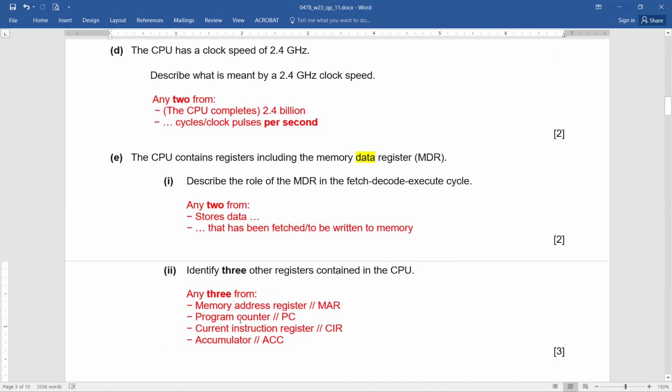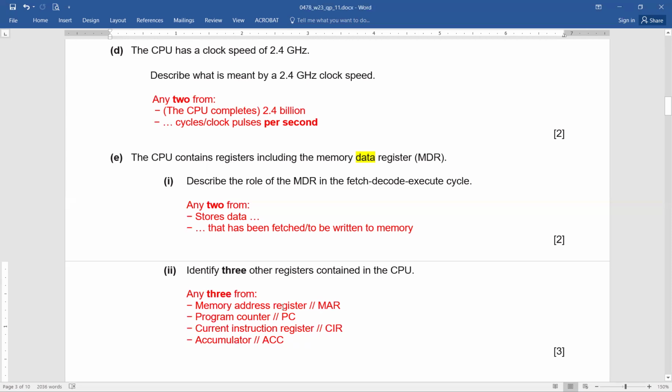Okay, now part 2. E1 was the explanation of the role of MDR, and E2 is identify 3 other registers contained in the CPU. Now they are asking about any 3 registers. So MDR is mentioned. So what is left is MAR or memory address register, program counter or PC, current instruction register or CIR, and accumulator or ACC.